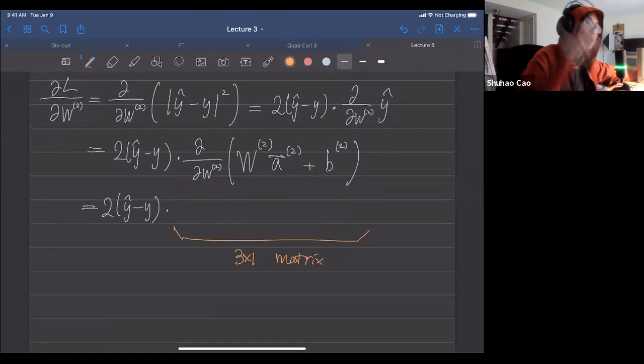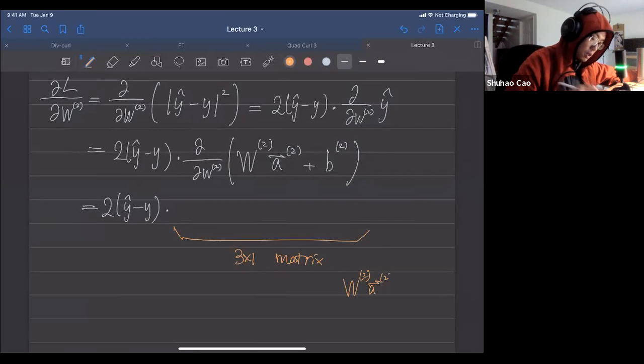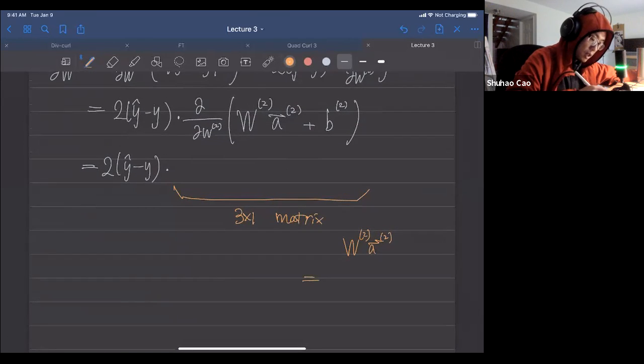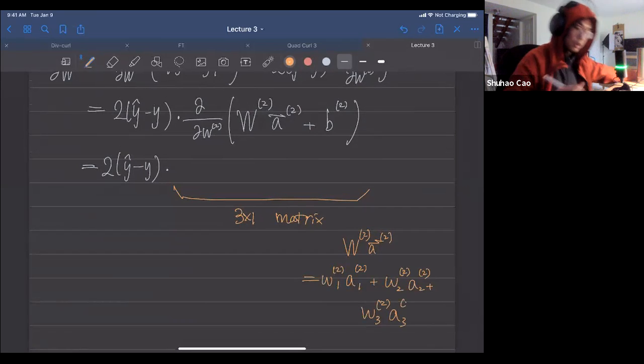Let me first expand it using the full notation. So W2 A2 is nothing but W21 A21 plus W22 times A22 plus W23 in the second layer times A32.